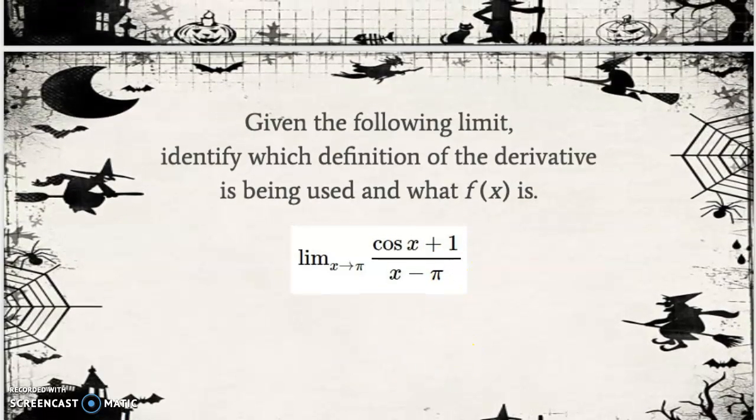Oh, and then last but not least, given this following limit, identify which definition of the derivative is being used and what f of x is. So for this problem, it looks like we have the alternate form because I have x approaching a value, and then I'm finding f of x minus f of a. And so I would say that my function that I'm using to do this is cosine of x, right?